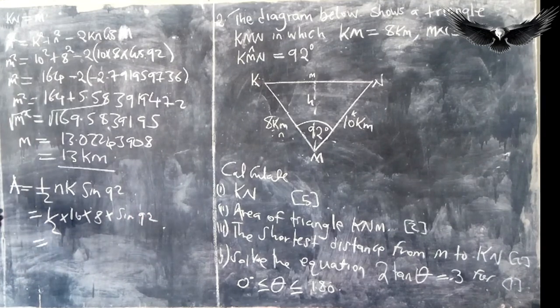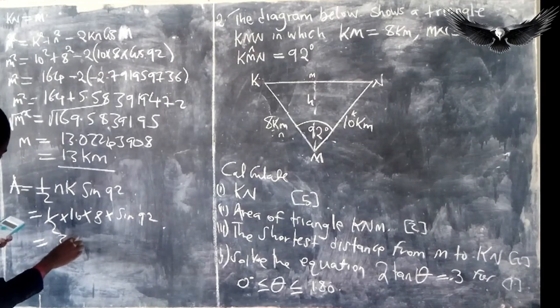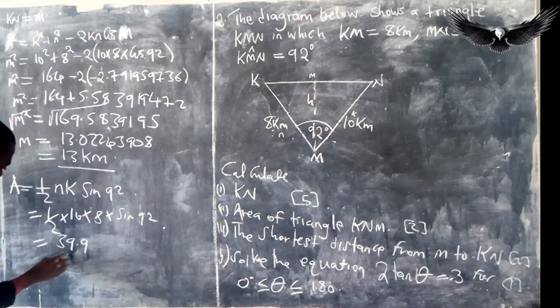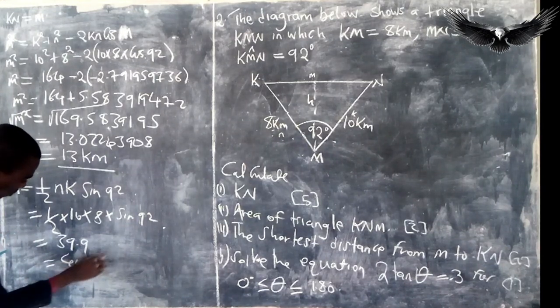So we punch that on the calculator: 0.5 multiplied by 10 multiplied by 8 multiplied by sine 92, and we have 39.9, which can be rounded off to 40 kilometers square.